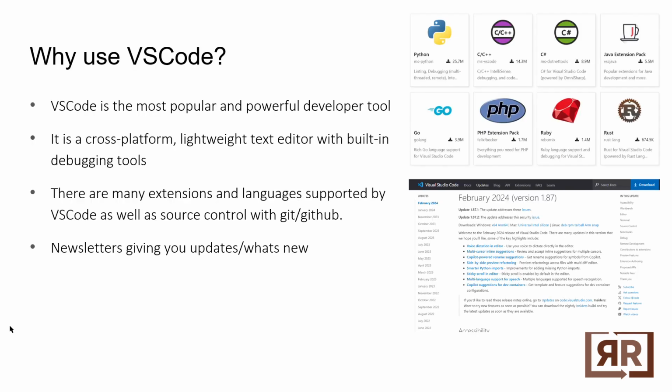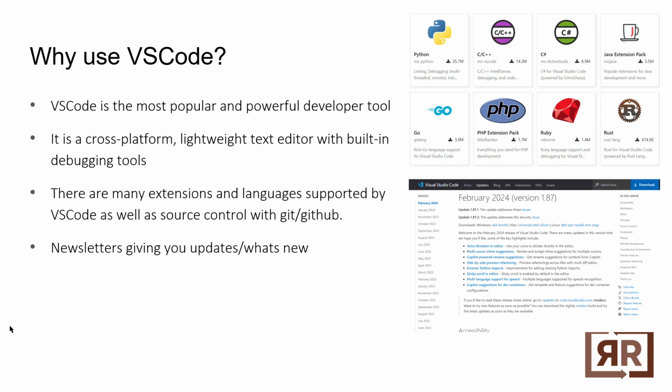So why would we use VS Code? Currently, VS Code is one of the most popular and powerful developer tools. There are a lot of industry partners that currently use VS Code, and it's a very big cross-platform, lightweight text editor that has a lot of built-in functions such as debugging tools.